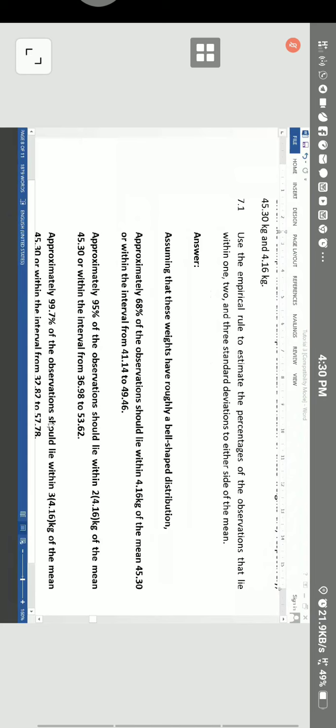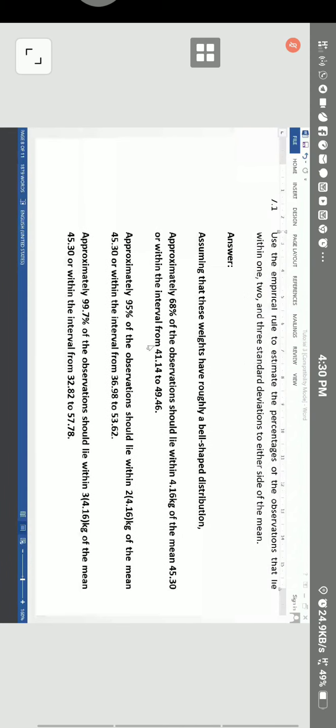Okay je lah, so maybe kata approximately 88% observation untuk your mean ni, 45.3 or within the interval from 41.1 until 49.46. And 95% observation ni semua guna tadi kan.